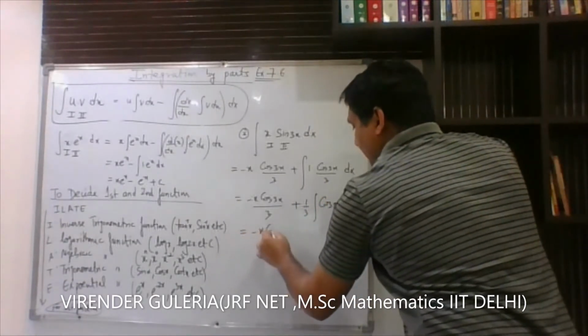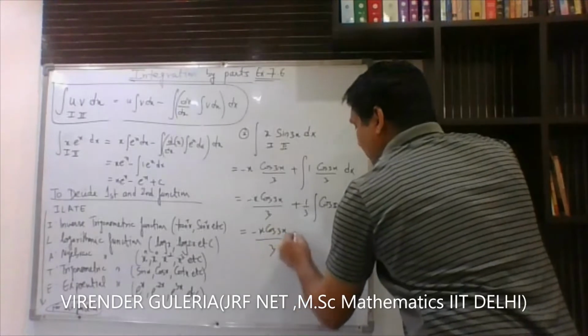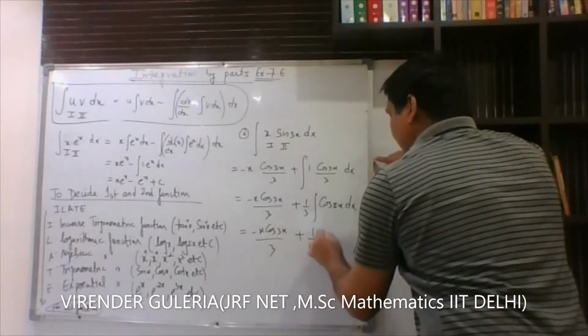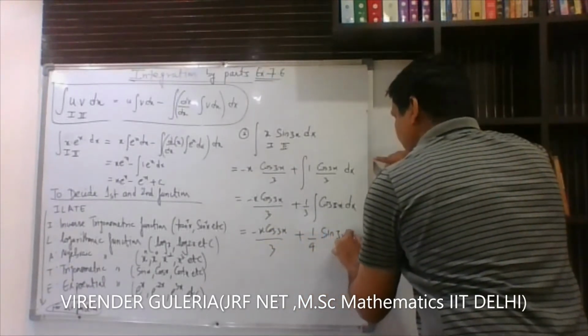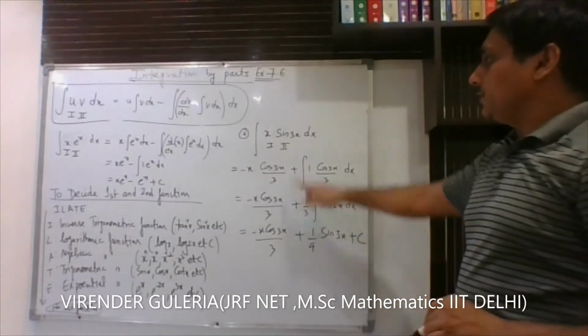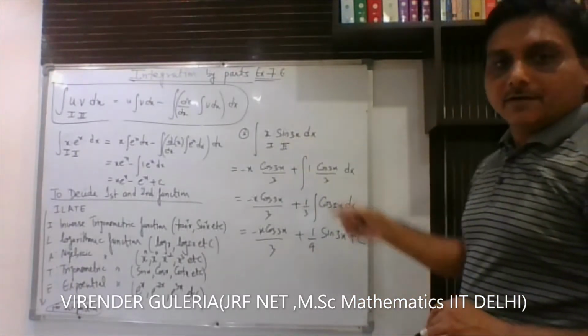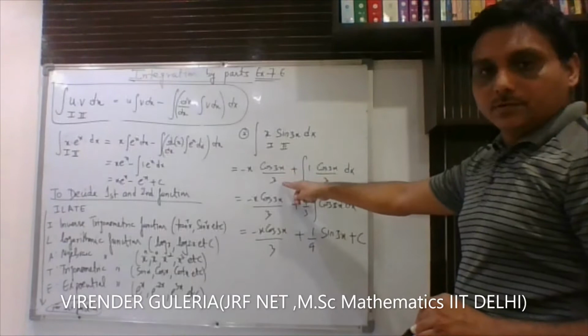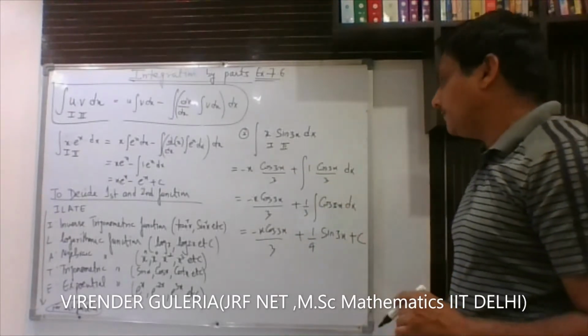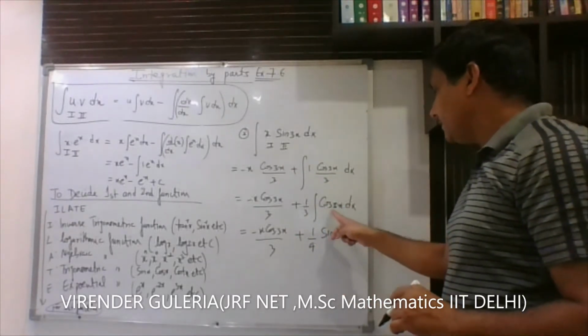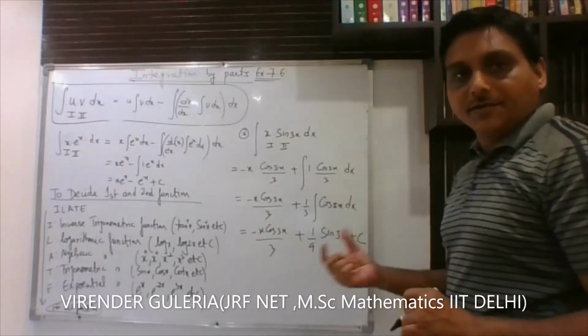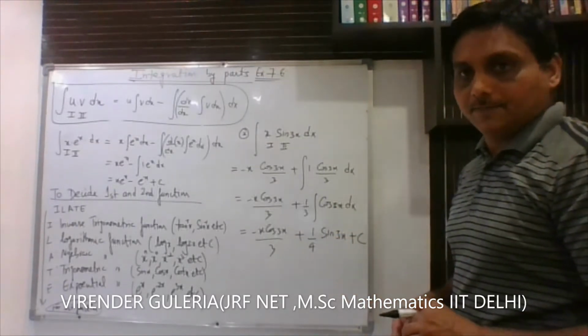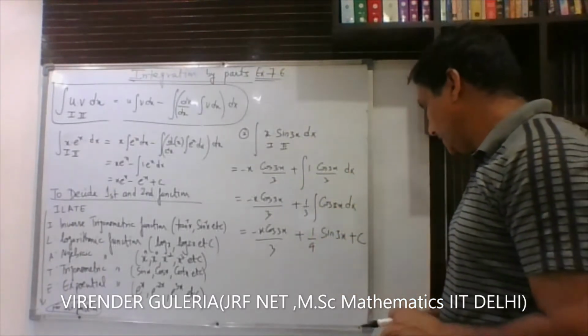Finally you will get cos 3x upon 3 plus 1 upon 9 sin 3x plus c. In order to integrate sin 3x, we had written cos 3x upon 3 because of that extension formula. So again I am here integrating cos 3x. It is sin 3x divided by 3. Right? So this is another example.